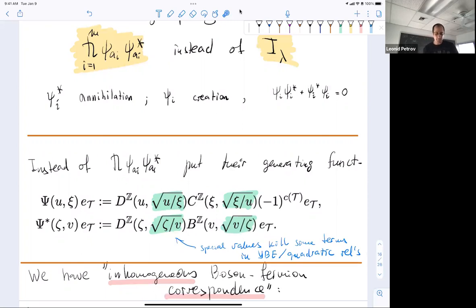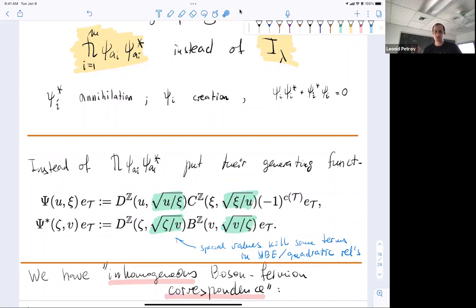Because if I take special values as the second parameter, then this will kill some coefficients in the quadratic relations. There are coefficients coming from the R matrix. Remember that they have the form x1 minus 2x1 minus x2. These are some combinations of the parameters. And this choice of parameters in the product in these operators actually kills some of these coefficients.